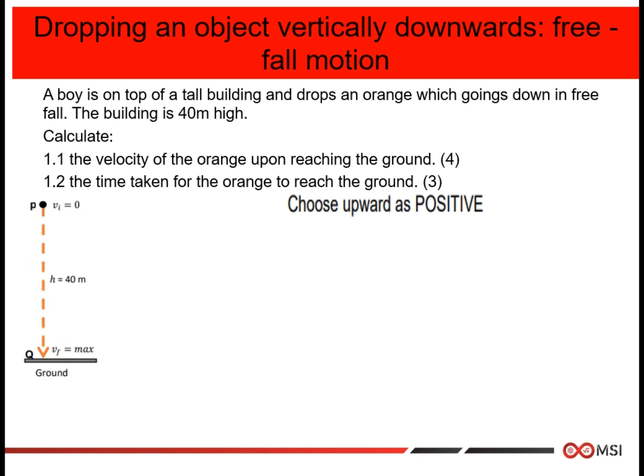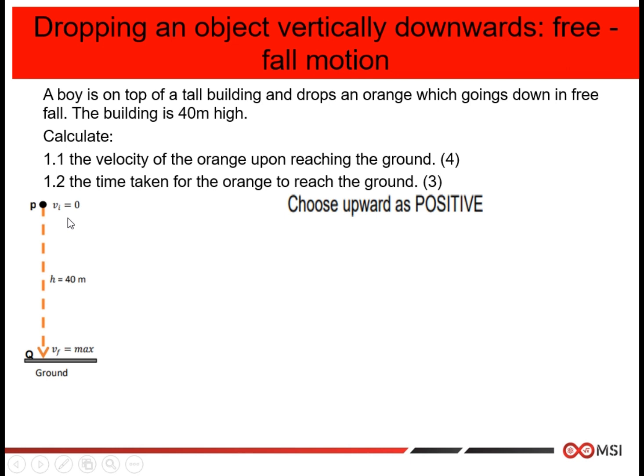The boy is on top of the building and dropped an orange which is going in free fall. So here already we have been told that it's free fall, and we know that when an object is free falling, it's starting from zero, it's at rest, and already there we go, we highlighted there.